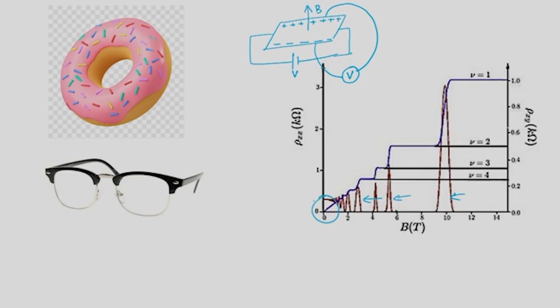And so, this was originally discovered by Edwin Hall in 1879, and it goes by the name Hall effect, and that really is this part of the plot where you see the Hall resistance, which is linear here.